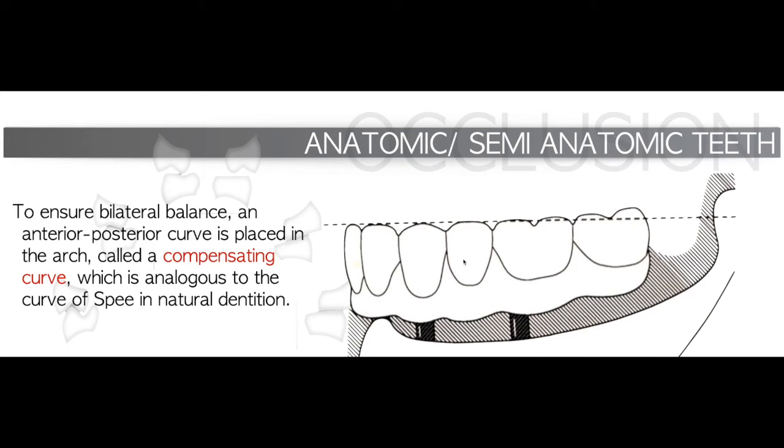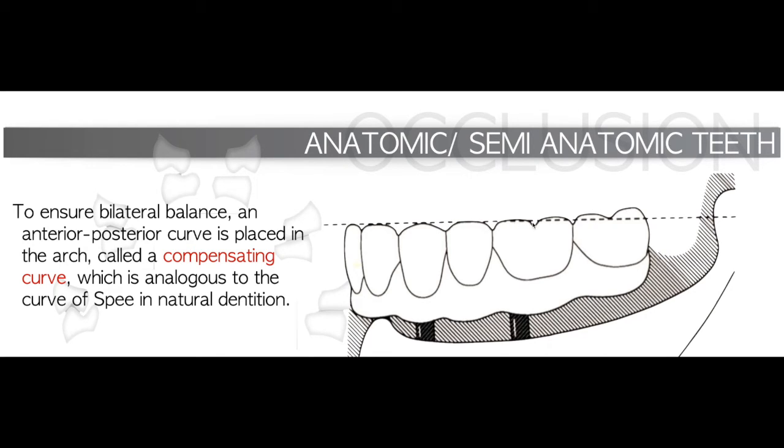So when you look at this diagram, from the lower incisor to canine, premolar and first molar, the major buccal cusps are at the same height.